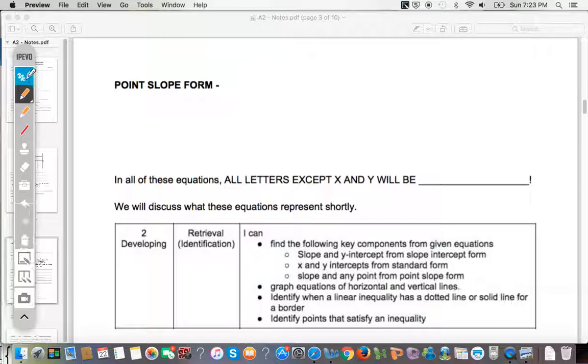And our last one, we have point-slope form. Okay, so this one looks a little intimidating. It's really not, though. We have y - y1 = m(x - x1).